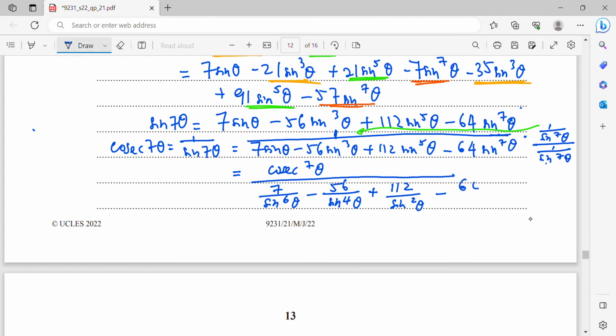Then minus 64. Sine degree 7 over sine degree 7 is just 64, minus 64.